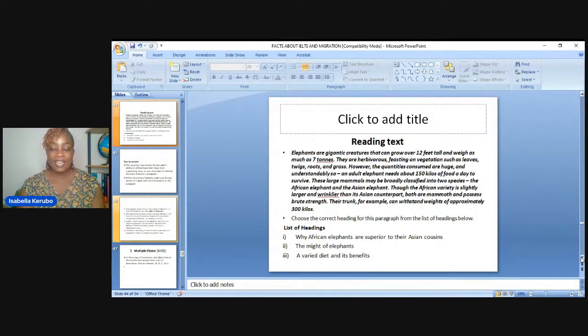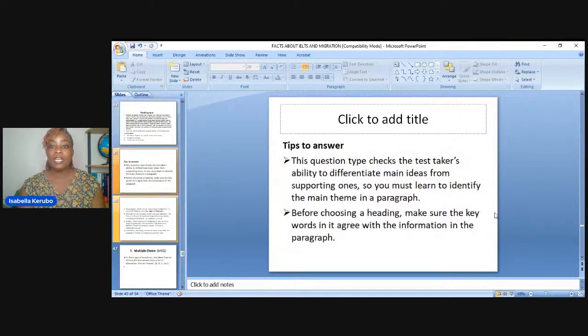And most importantly, know that the question checks the test taker's ability to differentiate main ideas from supporting ones. So you must learn to identify the main theme in a paragraph. That is the skill that is tested. By choosing a heading, that is one more thing to know: make sure the keywords in it agree with the information in the paragraphs.